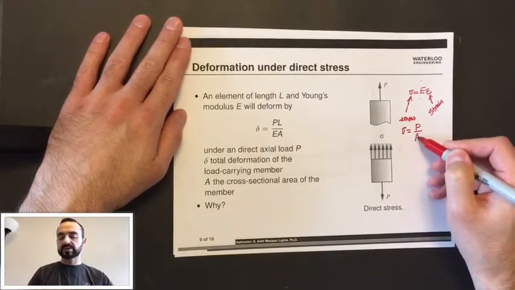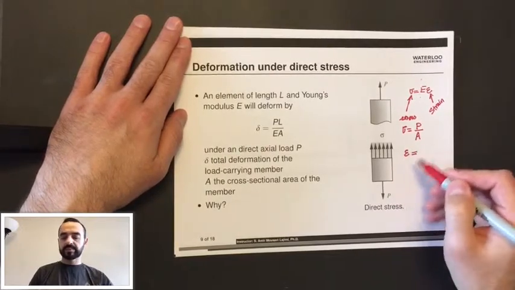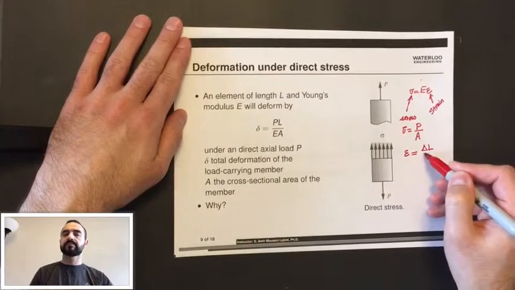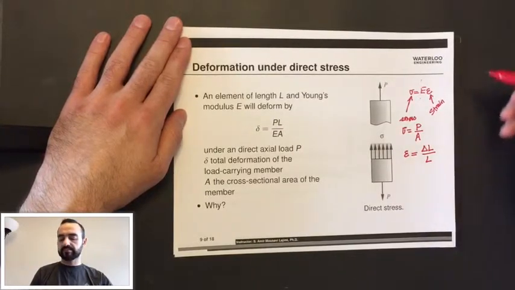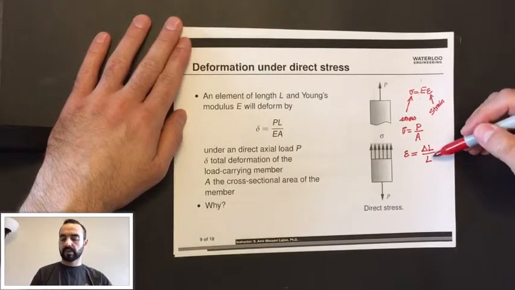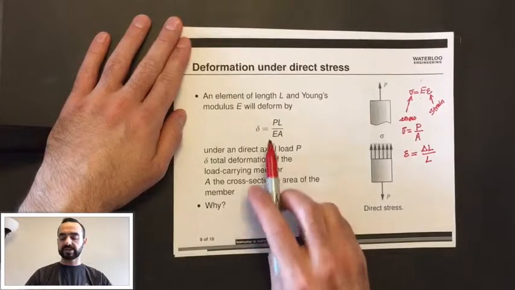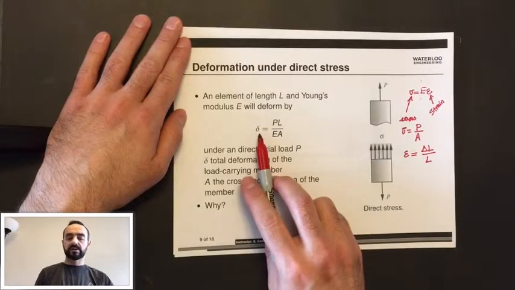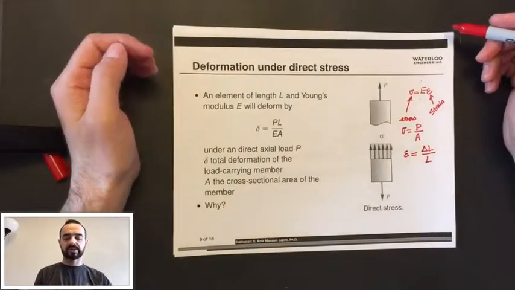Sigma, by definition, is P over A, and epsilon is delta L over L. So now use these two relations and derive this relation for elongation.